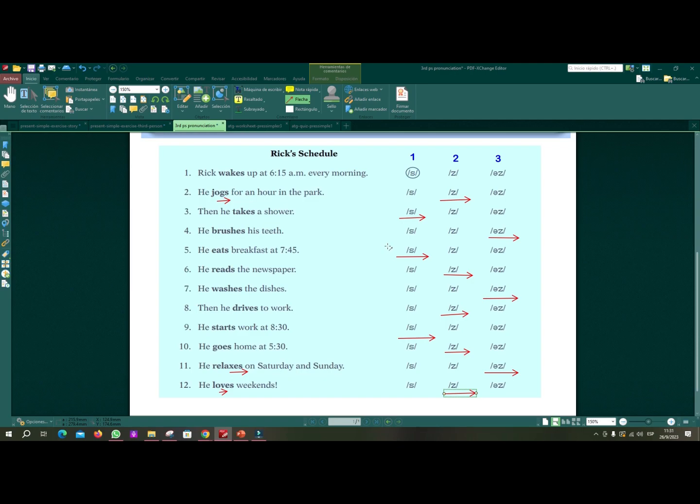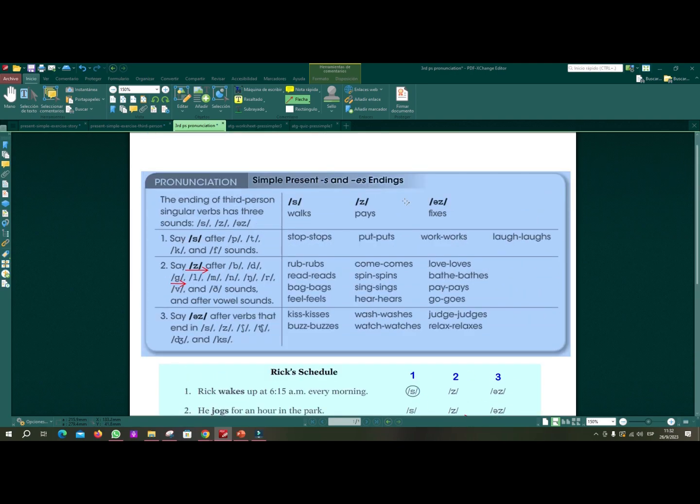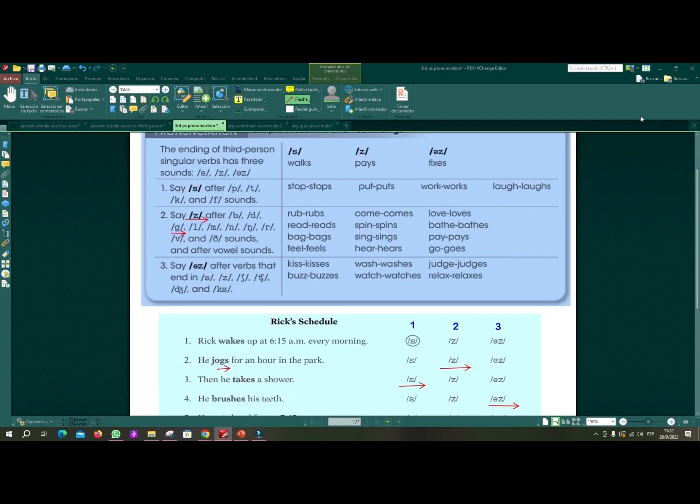Ya dijimos que con las interrogativas y las negativas que ustedes utilizan auxiliar, van a escribir el verbo siempre en su forma base. Ahí no hay ningún problema, ¿verdad? Entonces, practiquen mucho las reglas. Ustedes en su casa igual, solitos ahí, pronuncien los verbos ya con la S, ES, ¿verdad? Y eso les va a servir mucho.